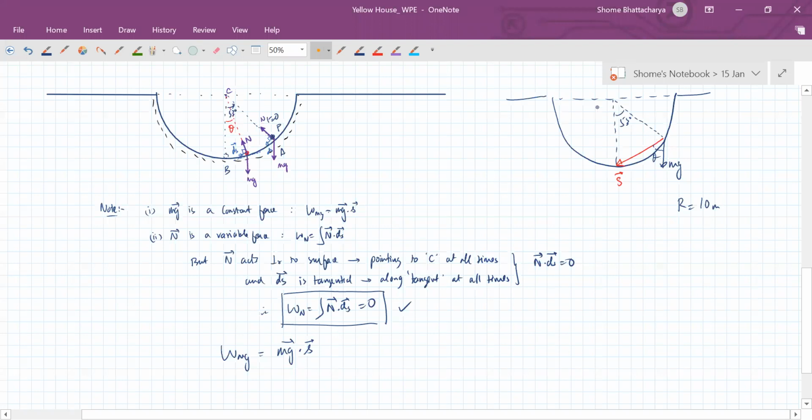But the easier way to do this is just break this in components now. Take this as your xy axis. So you can see that this term is y, suppose, and this term is x. So write the displacement vector as minus x i cap minus y j cap. In the diagram, you can see that x is r sine 53 and y is r minus r cos 53.